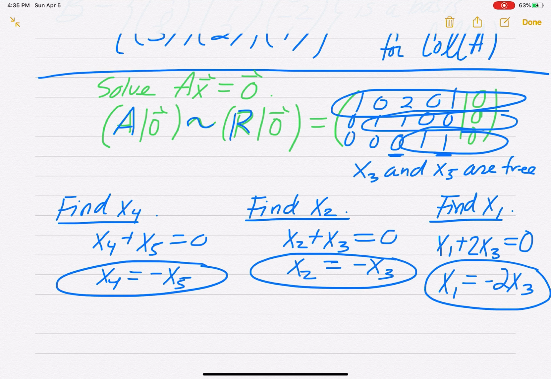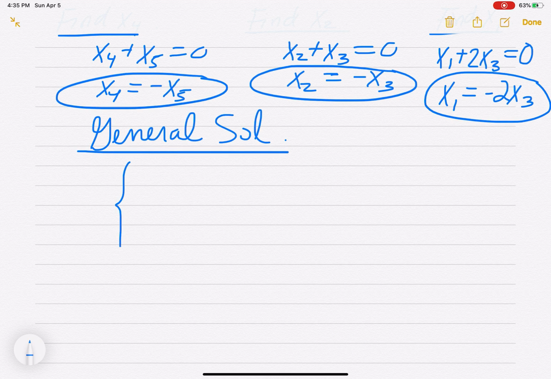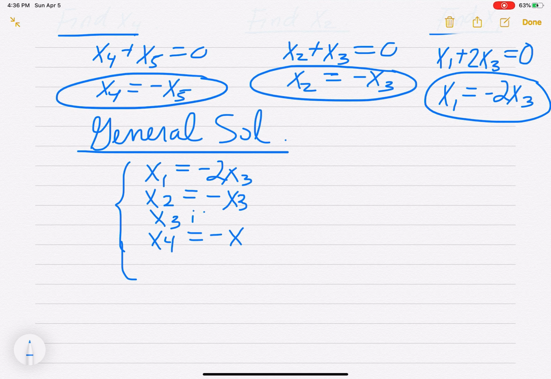So now the general solution. This one's negative 2x3. x2 is negative x3. x3 stays as x3 because it's free. x4 is negative x5. And x5 is free.